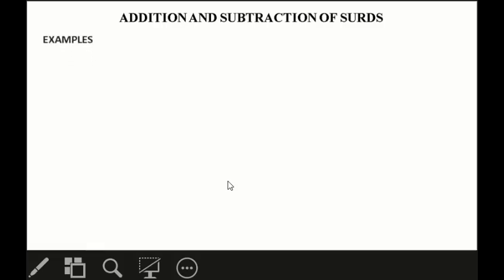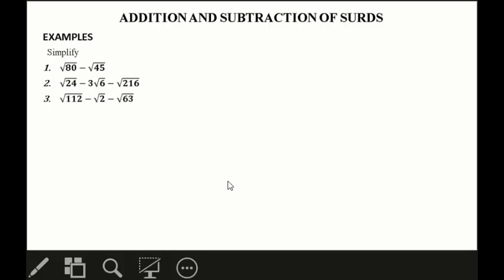So let's look at an example. Simplify 1, the root of 80 minus the root of 45; 2, the root of 24 minus 3 root 6 minus 2 root 6; then we have the root of 112 minus the root of 28 minus the root of 63; and we have the root of 2 plus the root of 50 minus the root of 18.